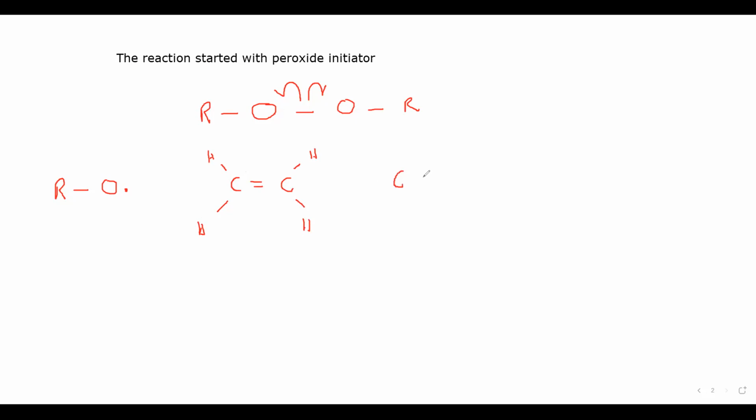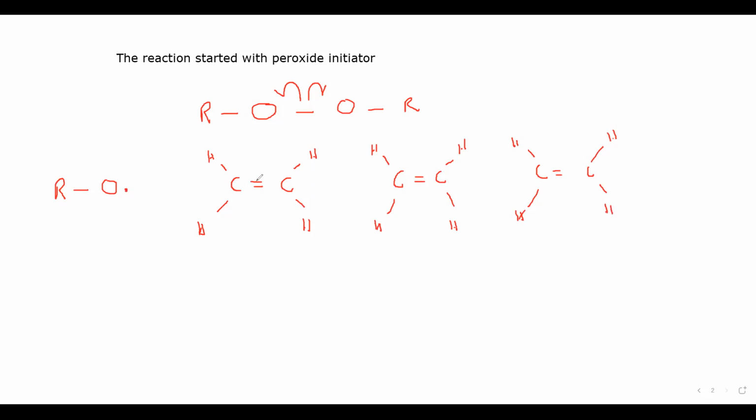Then there's another molecule of ethene, and n molecules, a lot of molecules. Now how does this reaction occur? This oxygen will try to form a bond with this carbon.